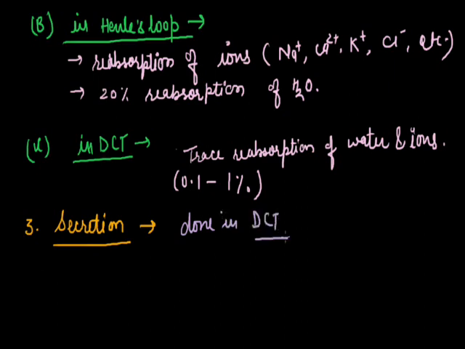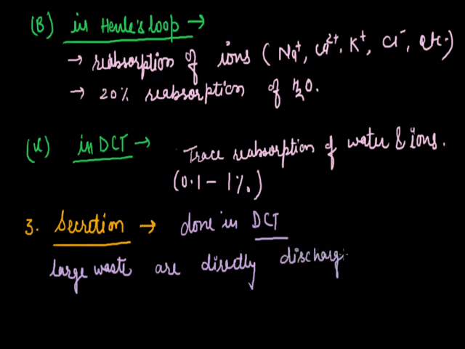So DCT is mainly related with the secretion process, where large waste are directly discharged through blood vessel, which is forming a network around DCT.